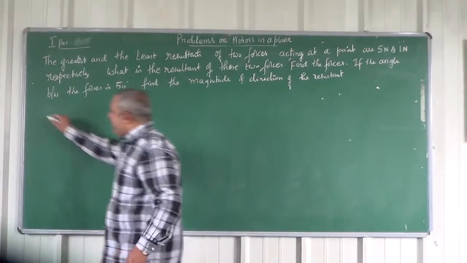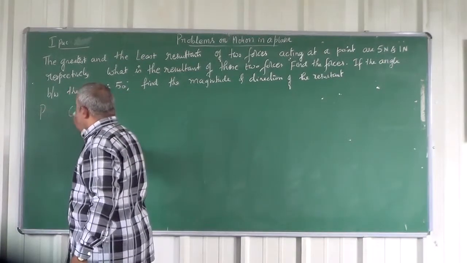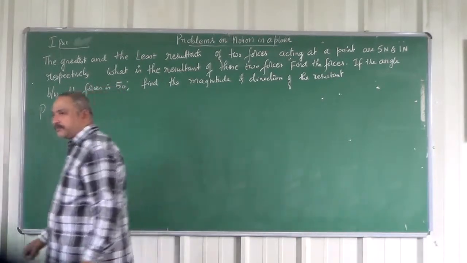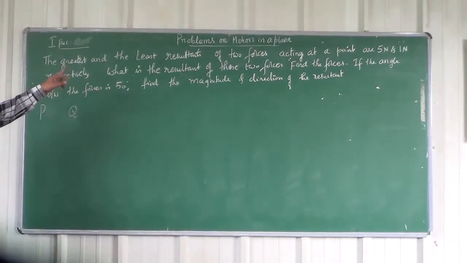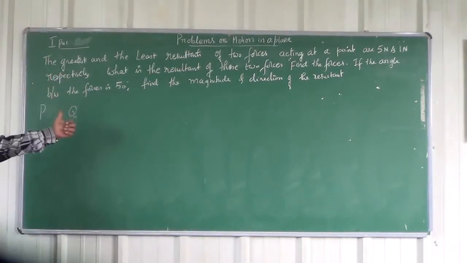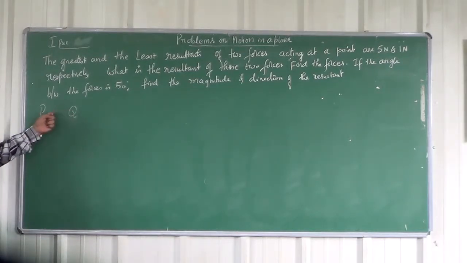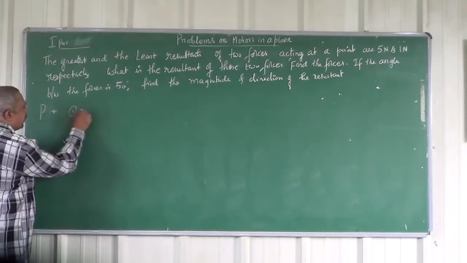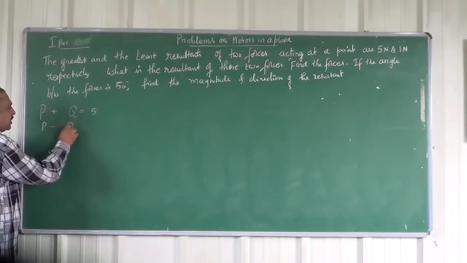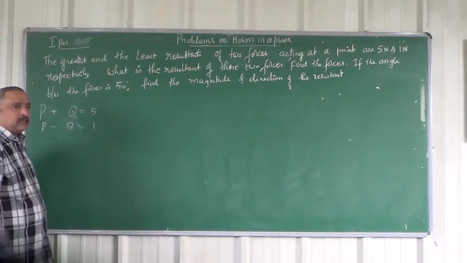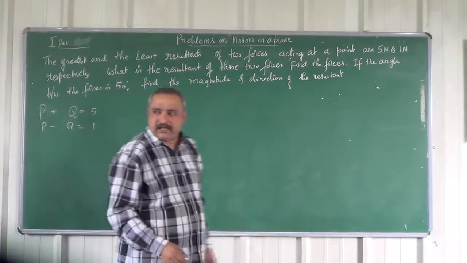As usual, let's keep the two forces as P and Q. When can you get the greatest resultant of two forces? By adding or subtracting? Adding. So it is given that P plus Q is equal to 5. And when can you get the least resultant? Subtracting. P minus Q is equal to 1. That's all the meaning is.